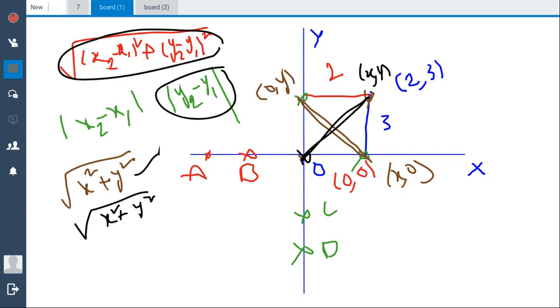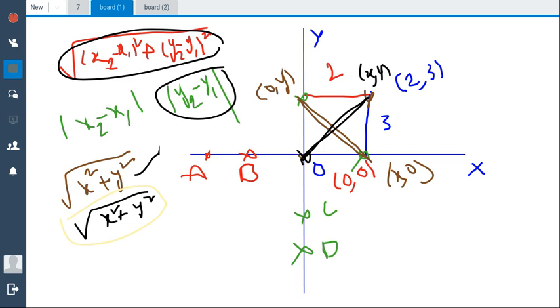If one point is on the x-axis and the second point is on the y-axis, the distance formula is square root of x square plus y square. Next, if one point is the origin and the second point is (x, y), the distance between 2 points is square root of x square plus y square.